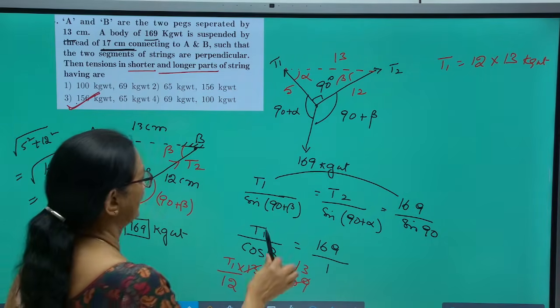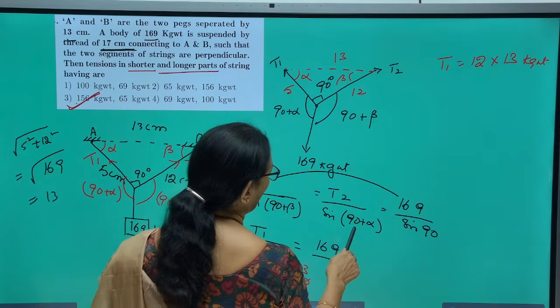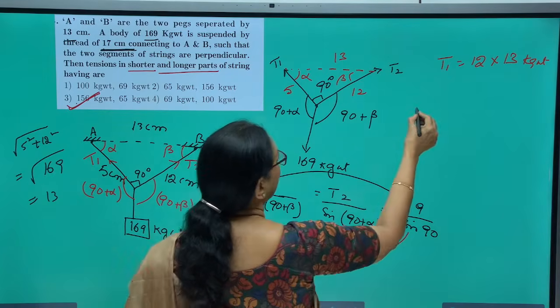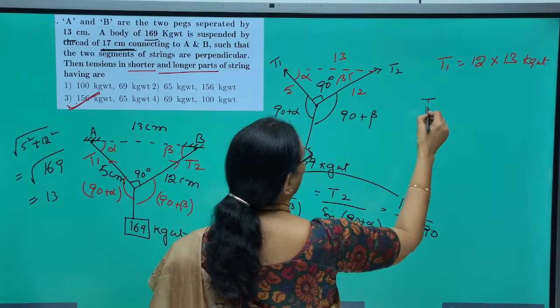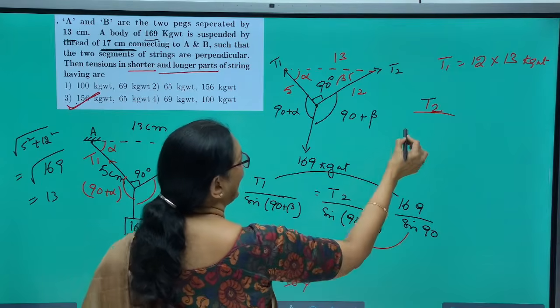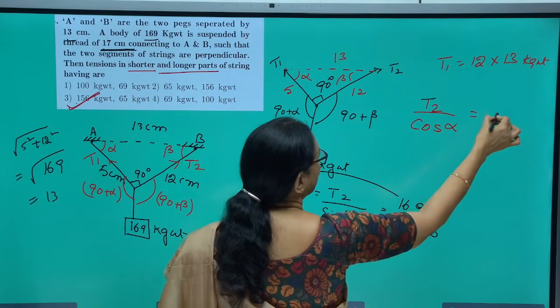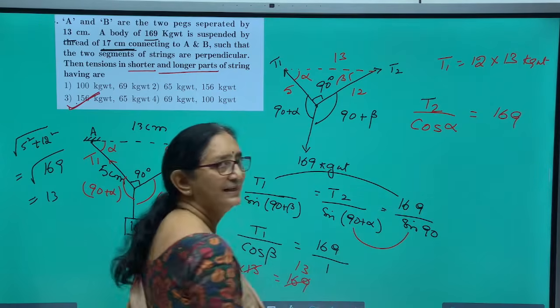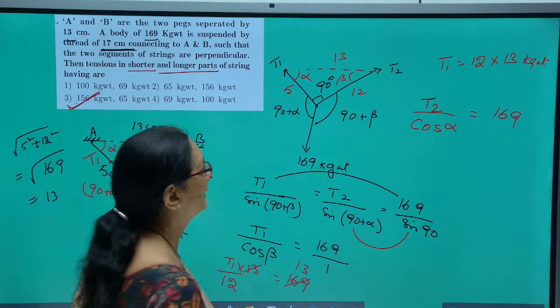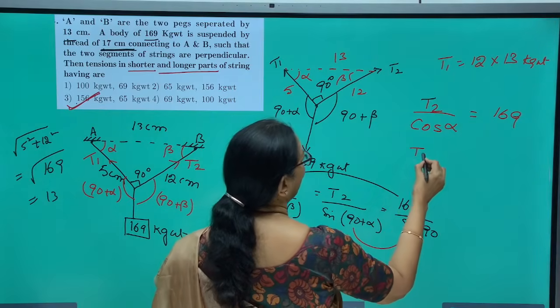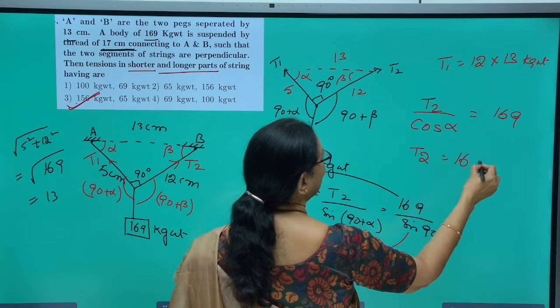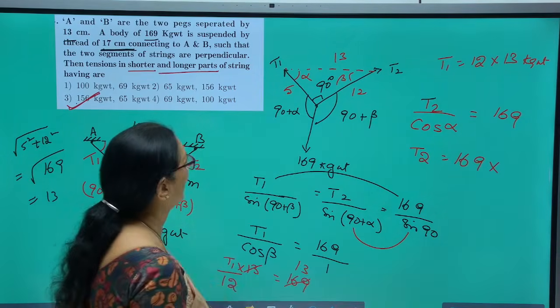Anyway, let us check this. From this expression, T2 by sine 90 plus alpha, which is cos alpha, is equal to 169, since sine 90 is just 1. So T2 is equal to 169 into cos alpha.